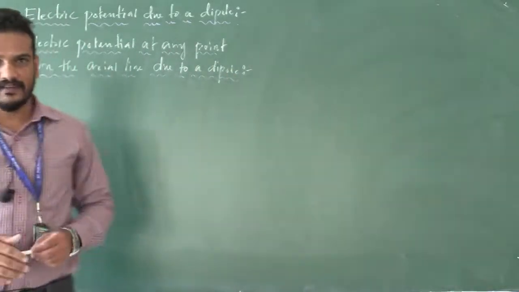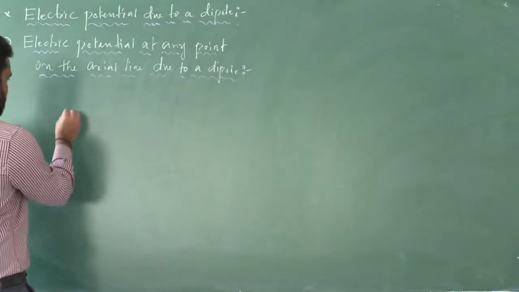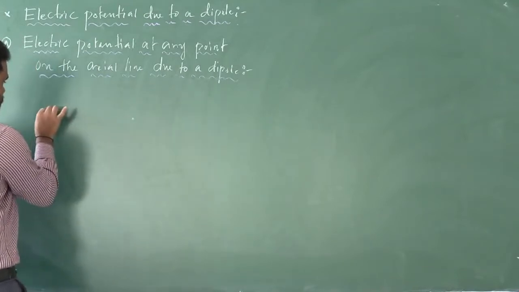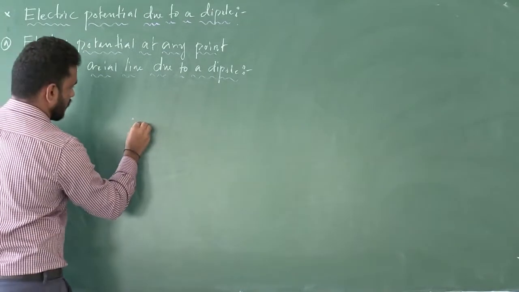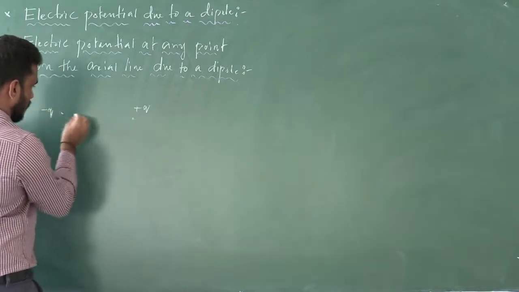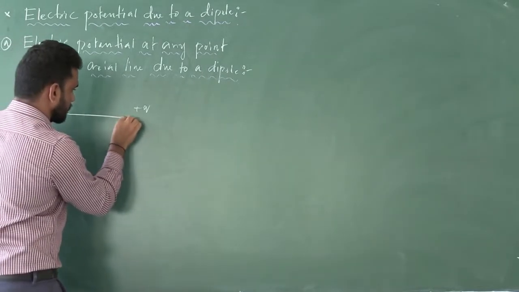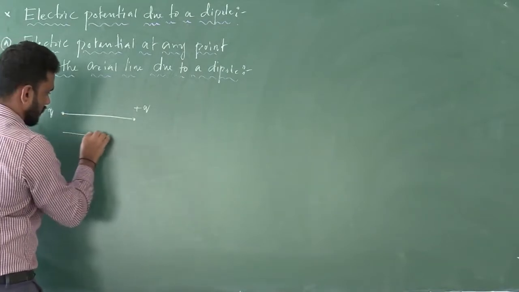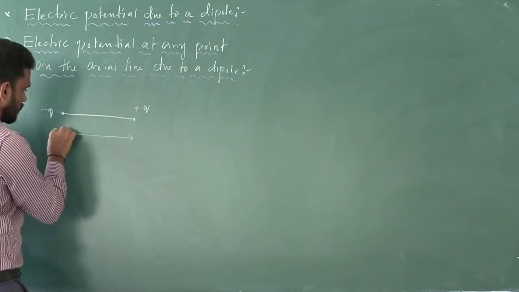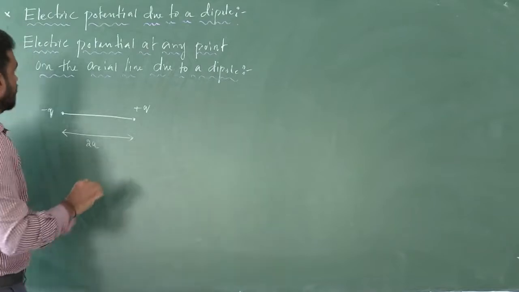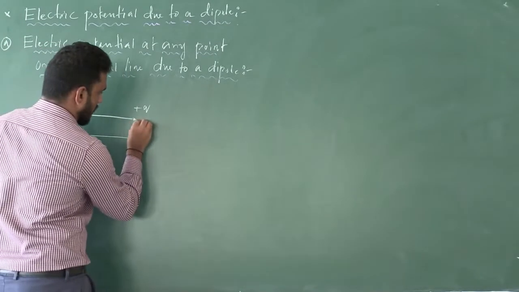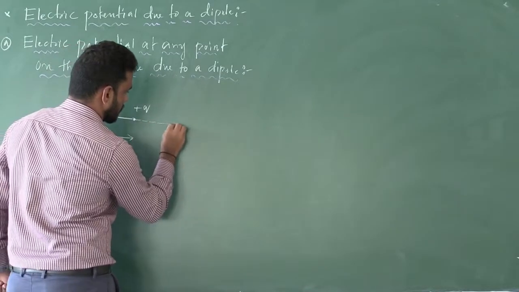So I need to consider the axial line. Minus Q, here we have plus Q, that is the dipole. The distance between them is 2a. So it is based on the axial line. So I'll take one axial line.